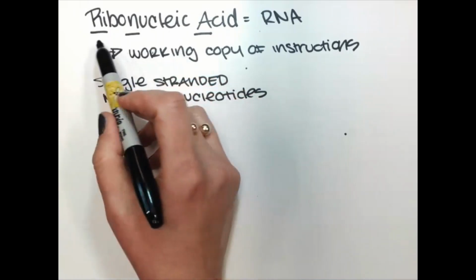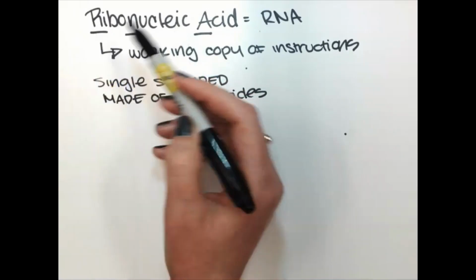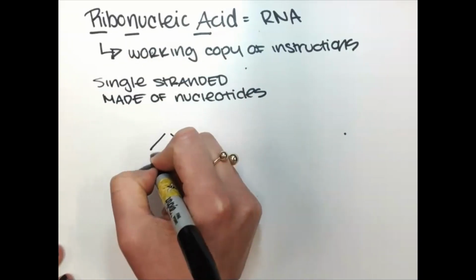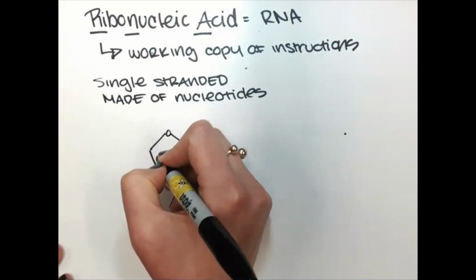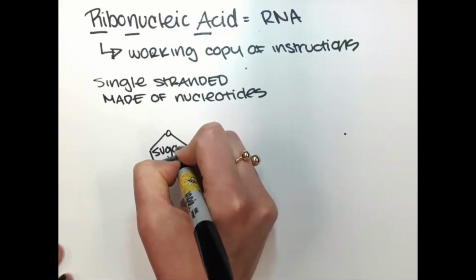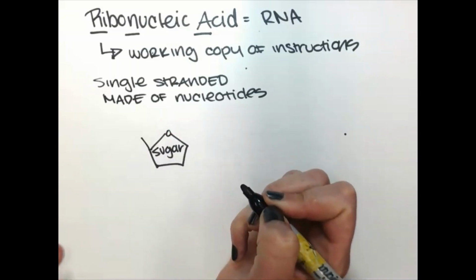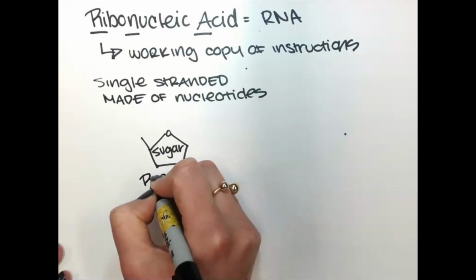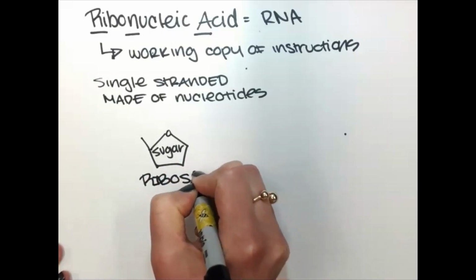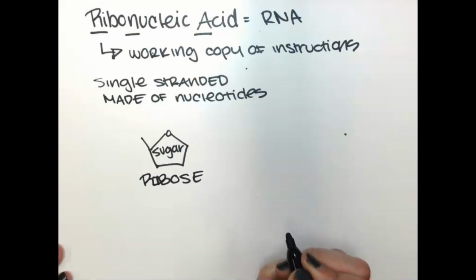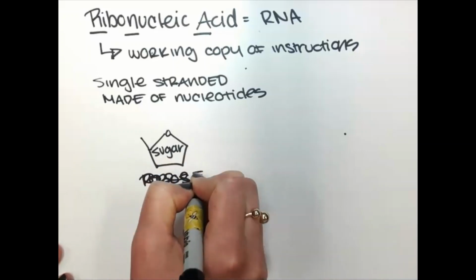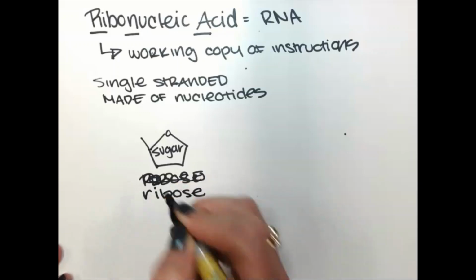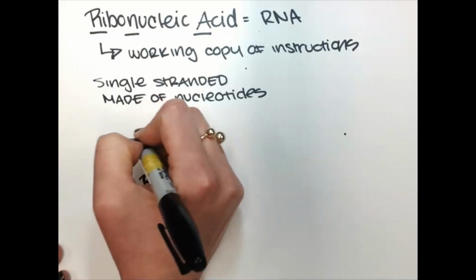So notice the name ribonucleic acid instead of deoxyribonucleic acid. Well, that's going to be our first difference, is your sugar. It's still a 5-carbon sugar, but in this case it's going to be ribose, so that's R-I-B-O-S-E, ribose, instead of deoxyribose. Let me rewrite that so it's easier to read, R-I-B-O-S-E.